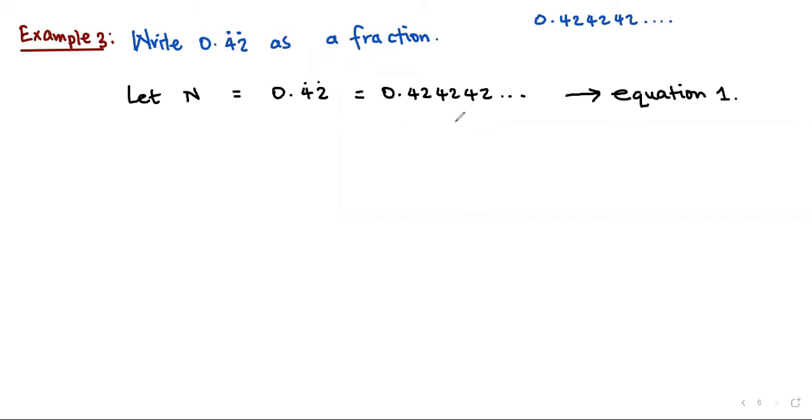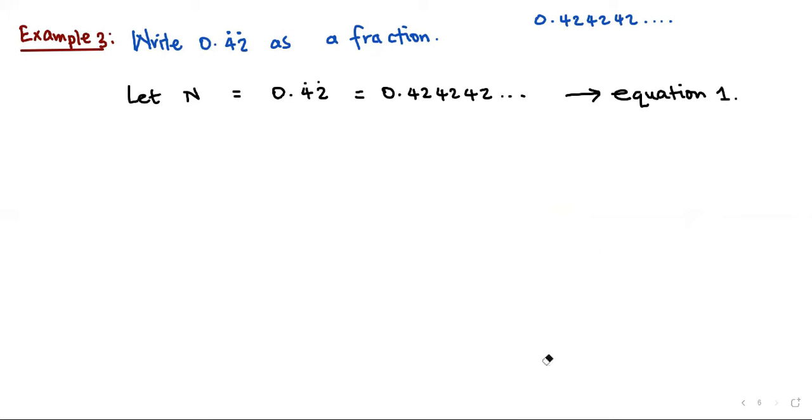Note this, if you have 1 digit repeating, like 0.3 repeating, you are going to multiply by 10. But then if you have 2 digits repeating, you are going to multiply by 100. So you need to note that very well.